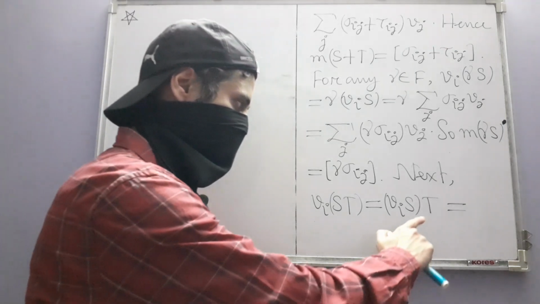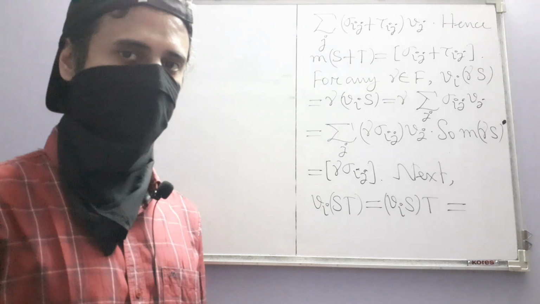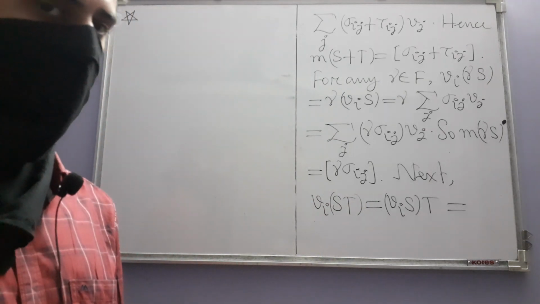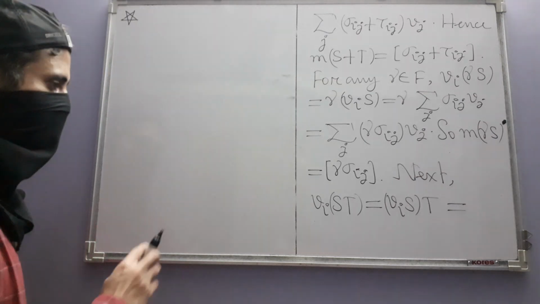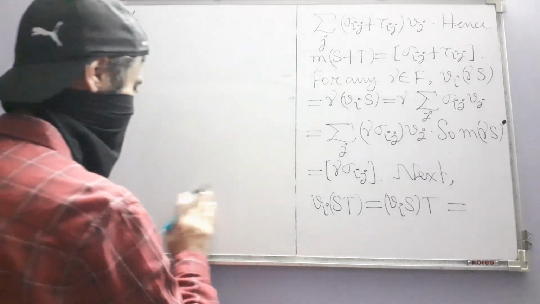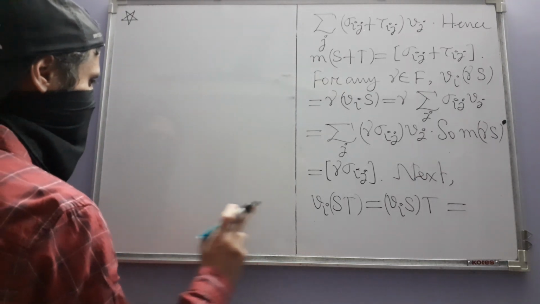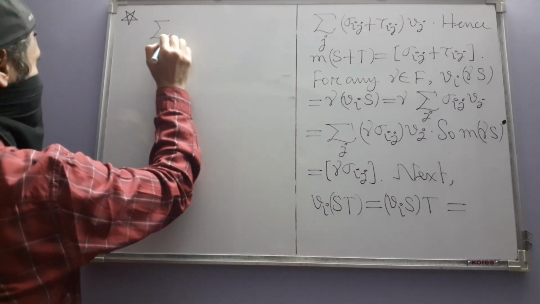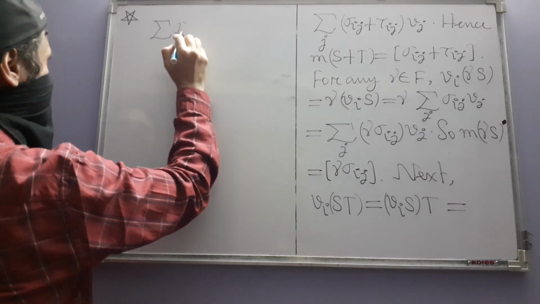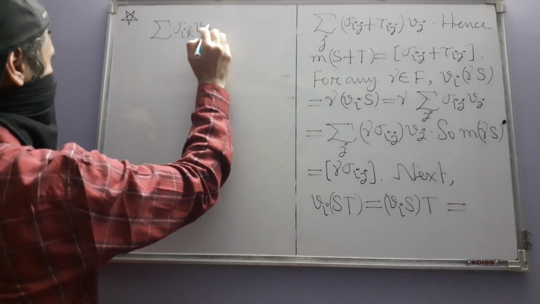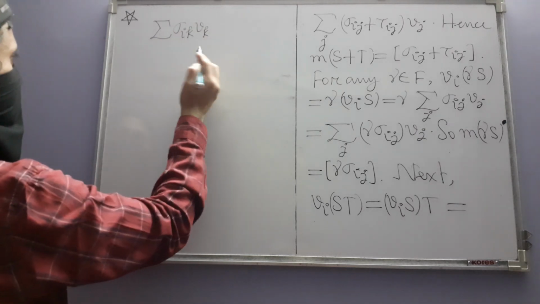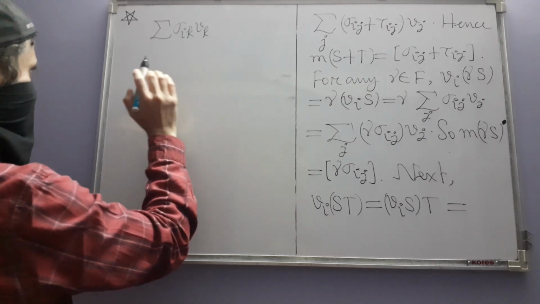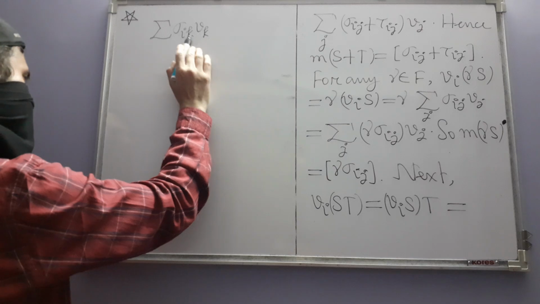However, because we have to calculate another thing, the effect of T on that, we don't use j, but we use another name for the second suffix. Say we call it k. That means now ViS becomes this summation sigma ik Vk. It's just for convenience. Instead of calling it k, you can call it something else. In fact, you can call it j itself.